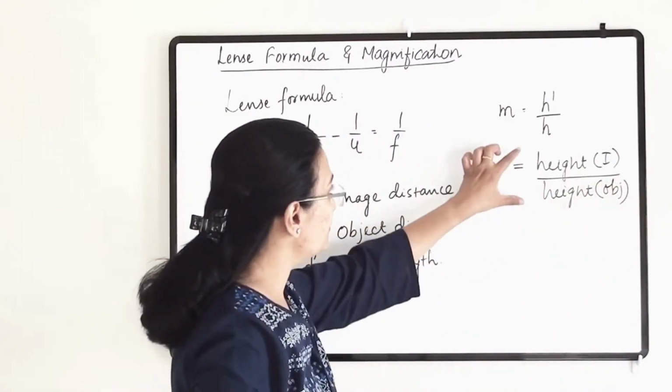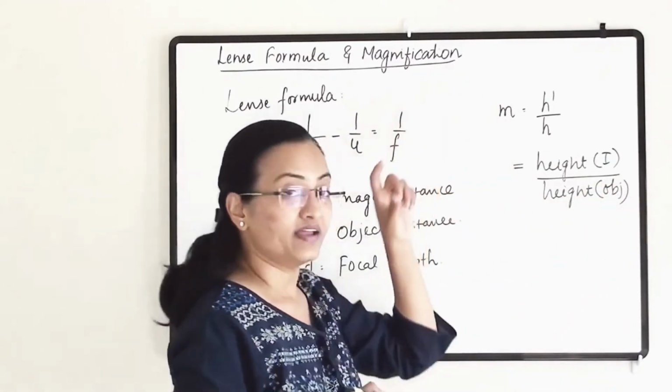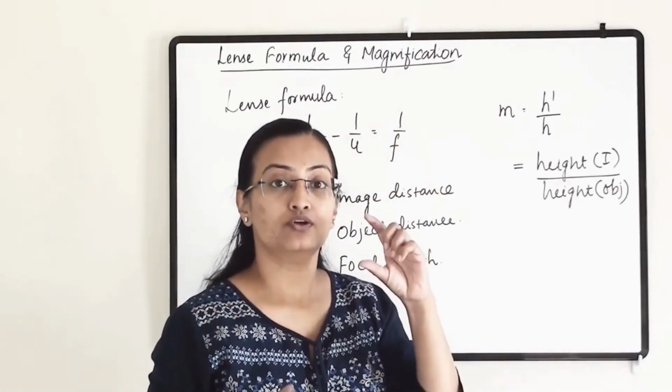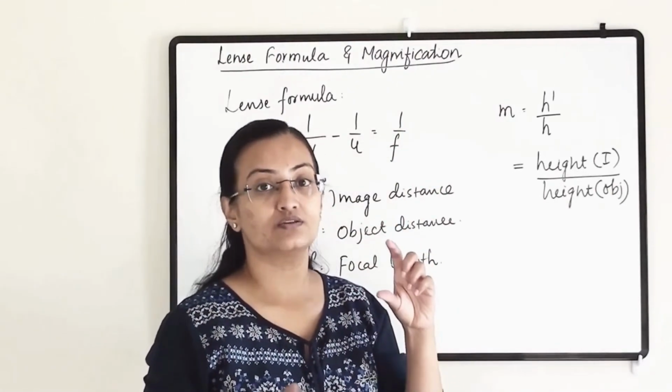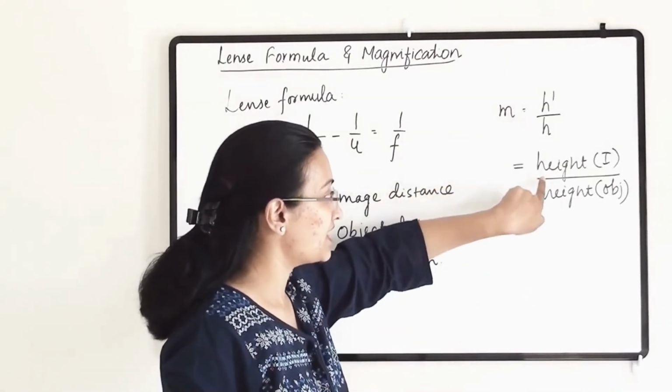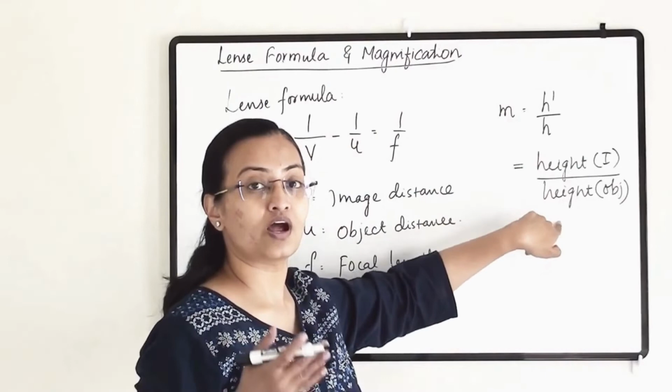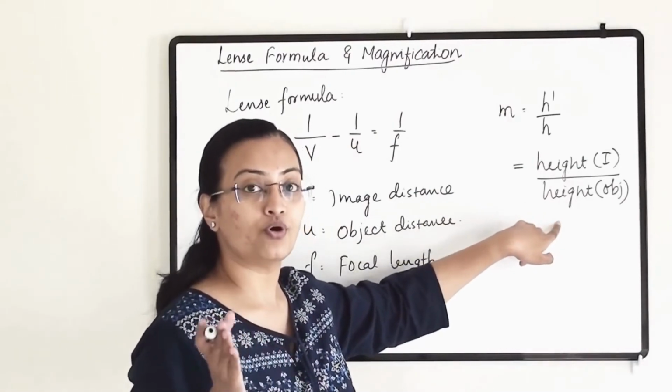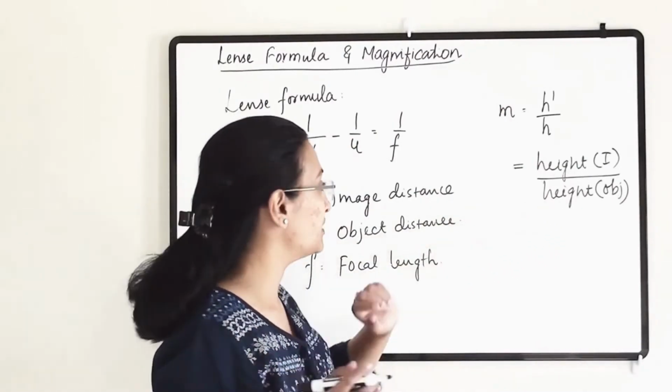So this ratio will give us magnification, and height means how tall or what will be the size of the image and object. Here we can refer to this height as size also, or how tall the object or how tall the image we will get.